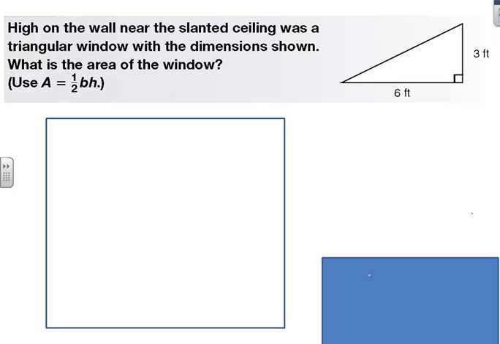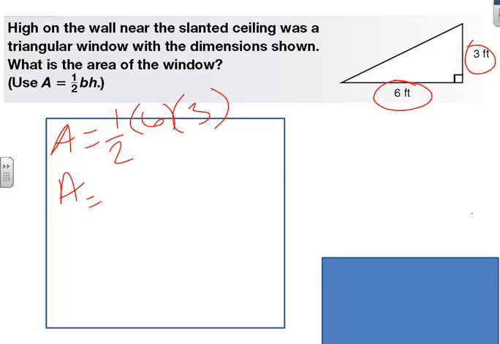All right, let's see if you can beat me on this one. You should be able to do this mental math. I'm going to read it and do it and see if you beat me. High on the wall near the slanted ceiling was a triangular window with the dimensions shown. What is the area of the window? It asks us to calculate this area using the other formula, 1/2 times base times height. So I've got area equals 1/2. Now my base is 6 times my height, which is 3.